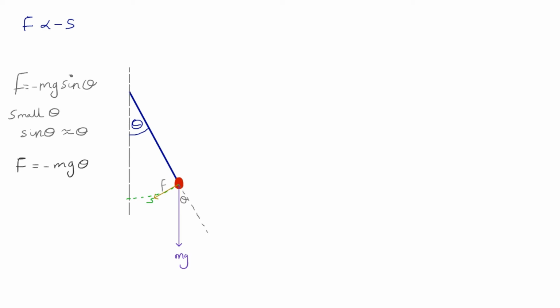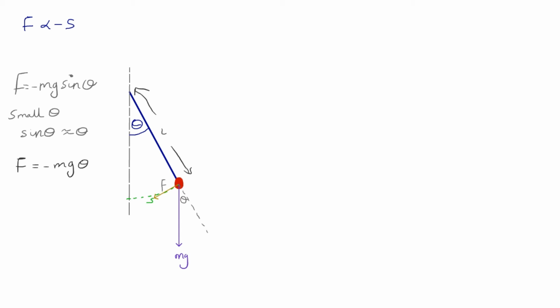Now the next thing to remember is our second little trick, which is to realise that there's a connection between the displacement angle theta and the displacement s. If I draw on here the length L of our oscillator, then you will see straight away what I'm talking about.